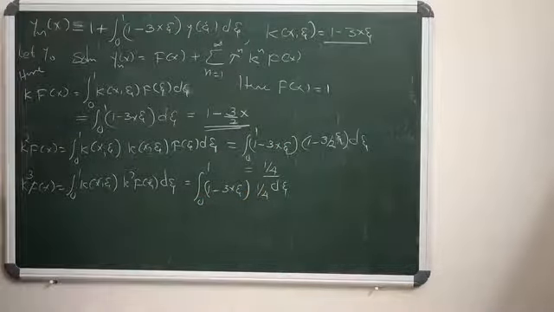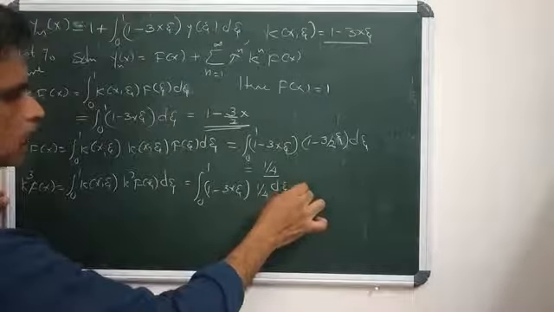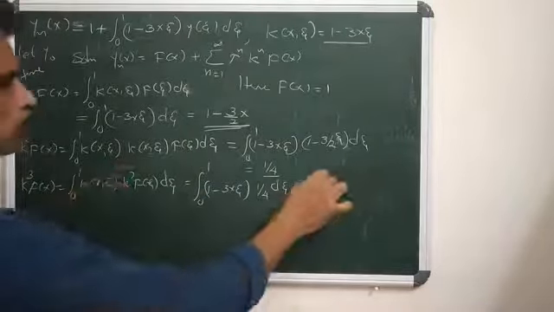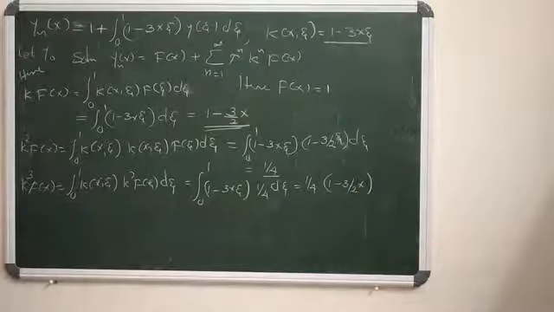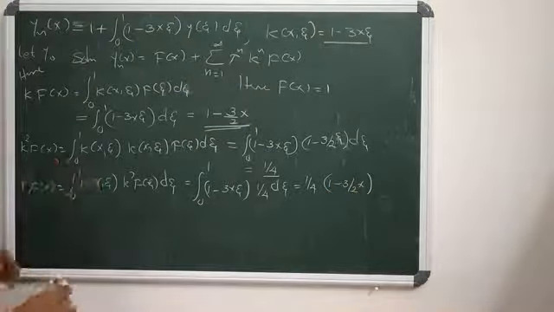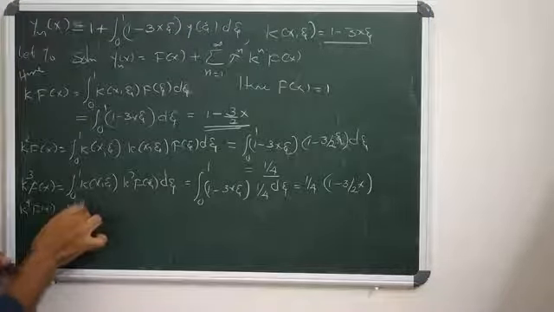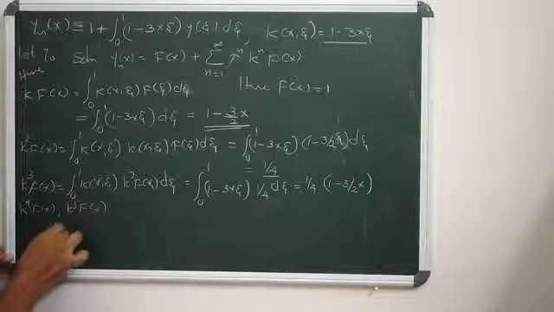Then you get 1 by 4 into the integration, which is 1 minus 3 by 2x. Similarly, you can find k power 4 f of x, k power 5 f of x, and so on.